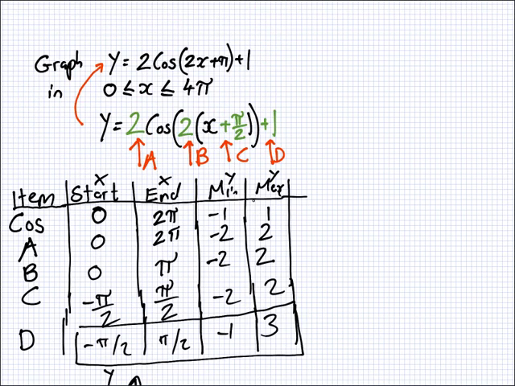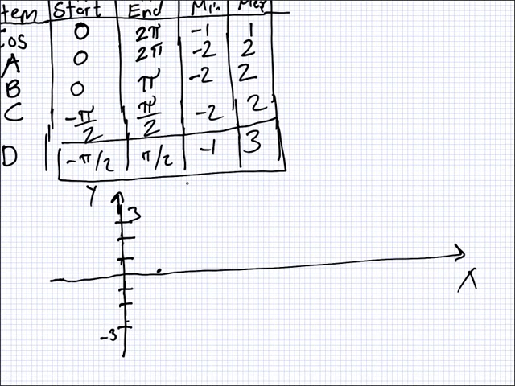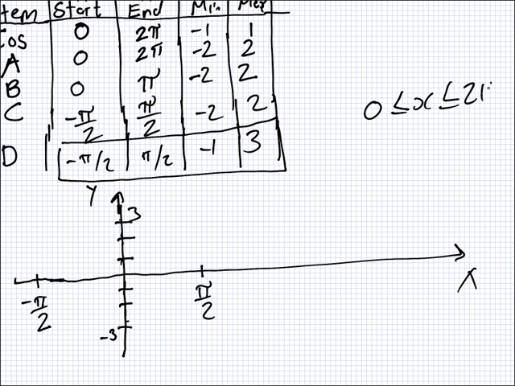I'm going to change this. 4 pi is a little too big for me to draw. I'll make it 2 pi. Be a little bit easier to draw. Okay, that's better. That's pi over 2 there. And then that's minus pi over 2 there. Okay, and I'm changing it to make the graph between 0 and 2 pi.